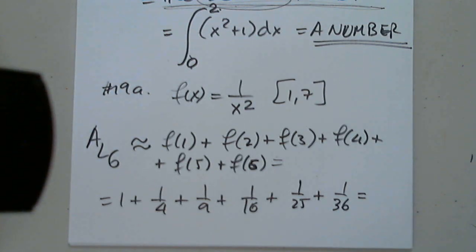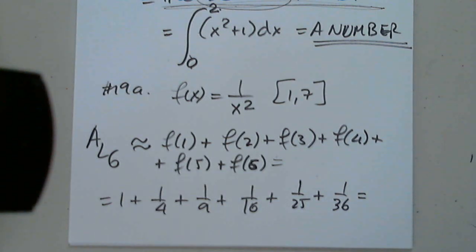There is a more elegant way of doing this. I can show you if you want. But right now we just have 1 plus 1 divided by 4 plus 1 divided by 9 plus 1 divided by 16 plus 1 divided by 25 and finally plus 1 divided by 36.